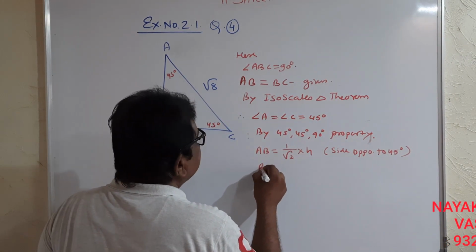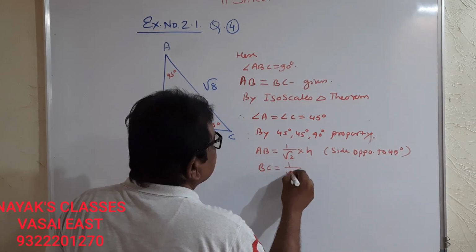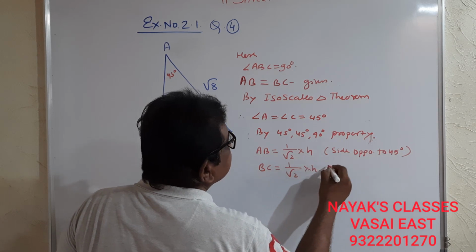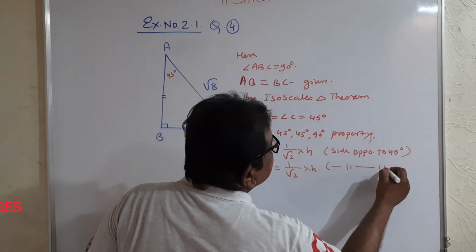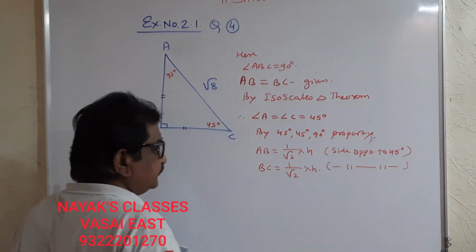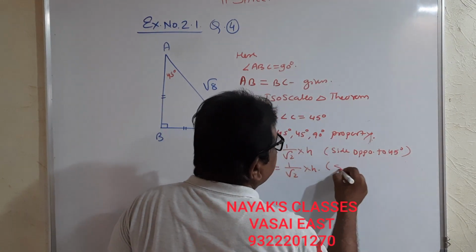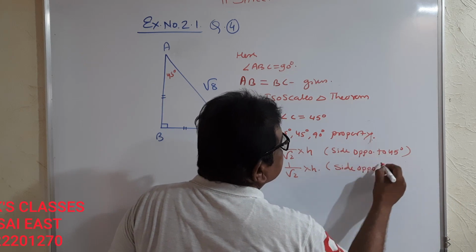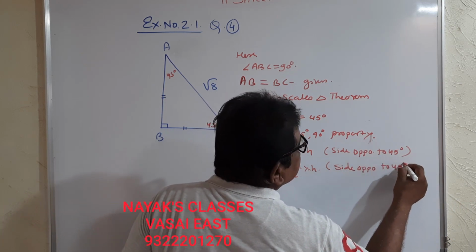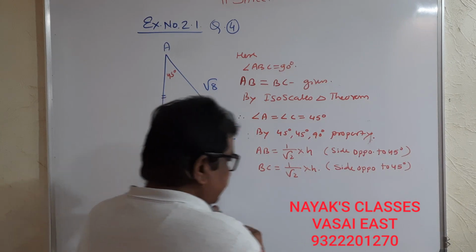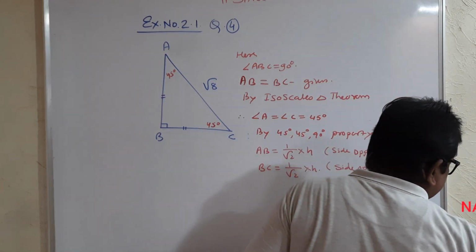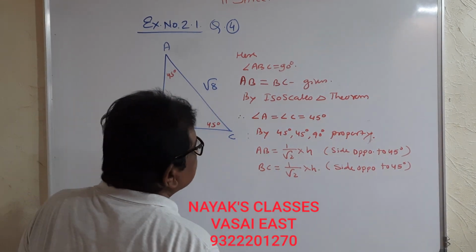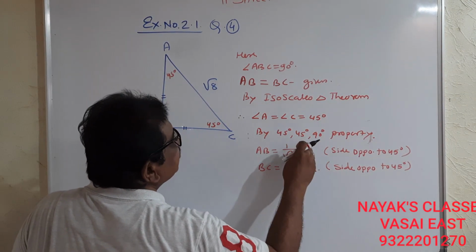And BC is equal to again 1 upon root 2 into hypotenuse, the side opposite to 45 degrees. What I said, keep head cool, everything is easy. So you can write hypotenuse means AC.